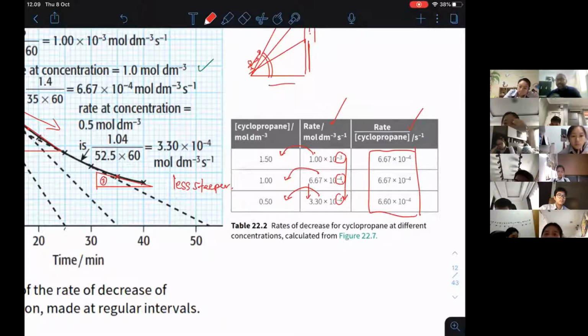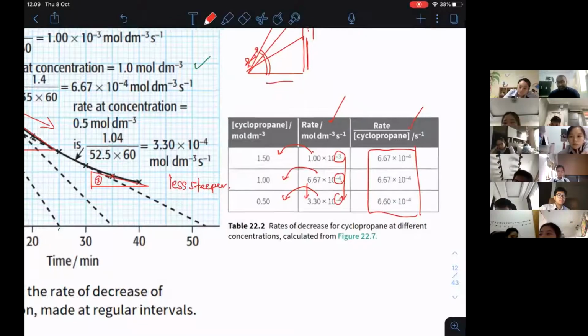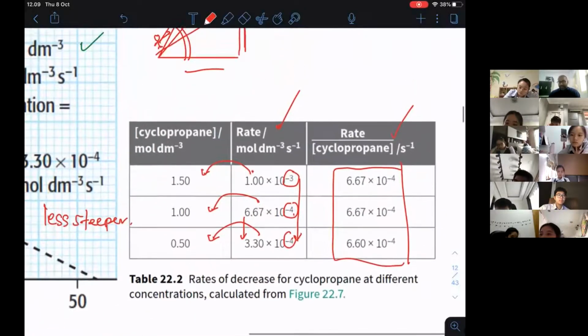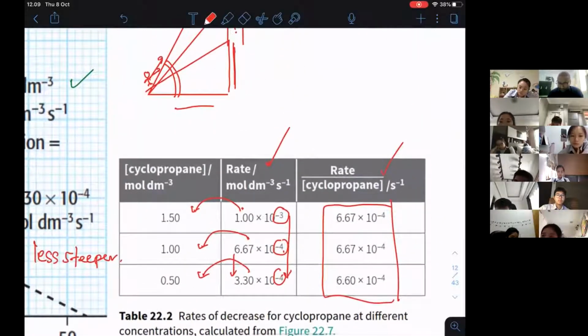Now, what is the big deal about this? I'll tell you. If you are good in maths, you will understand the meaning.